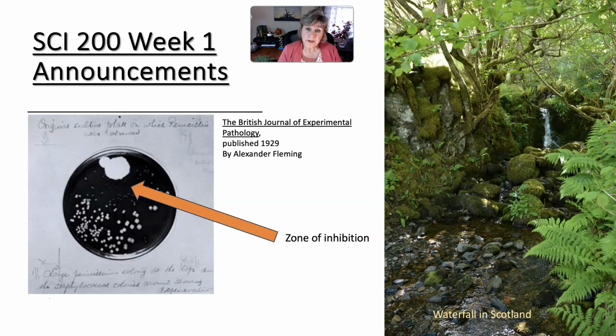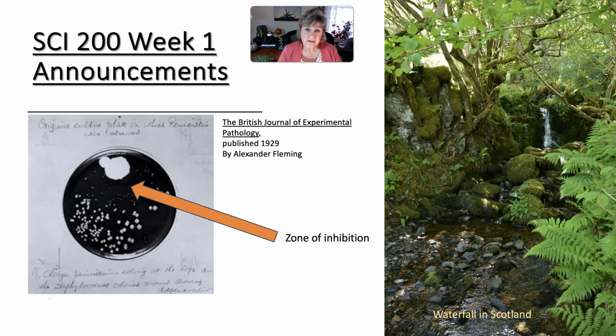Now, in your textbook, it tells you what happened after that, because Alexander Fleming was just a basic microbiologist in a tiny lab, and there was no way for him to grow this mold and produce tons of it and purify it. And so it was a whole huge process for other scientists, and then industries had to get involved before we could produce enough penicillin and do the testing of it too, in order to show that it could kill bacteria in human beings.